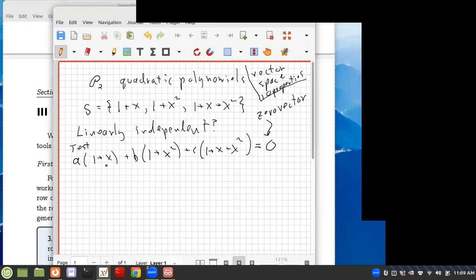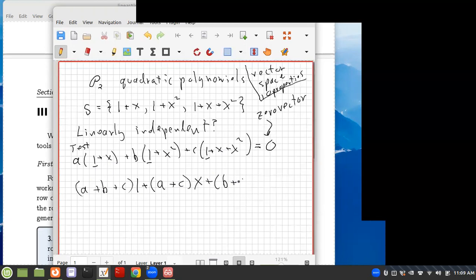I take all the coefficients of each of 1, x, and x squared: (a plus b plus c) times 1, plus (a plus c) x, plus (b plus c) x squared equals 0, and this is 0 times 1 plus 0 times x plus 0 times x squared.